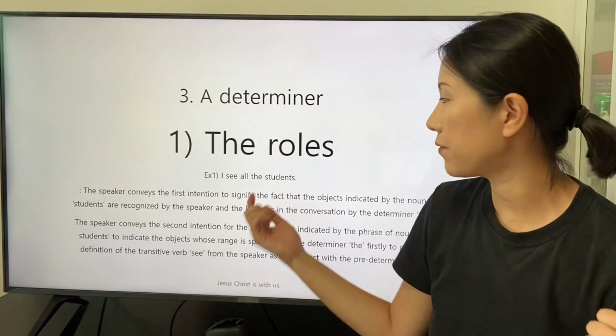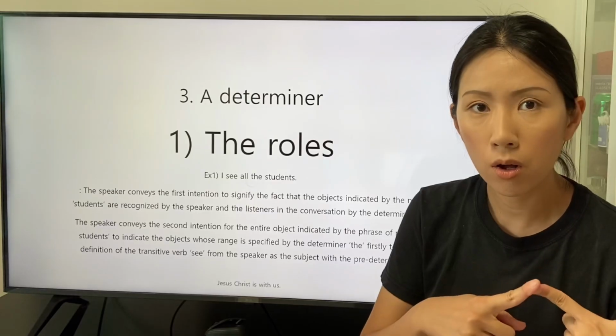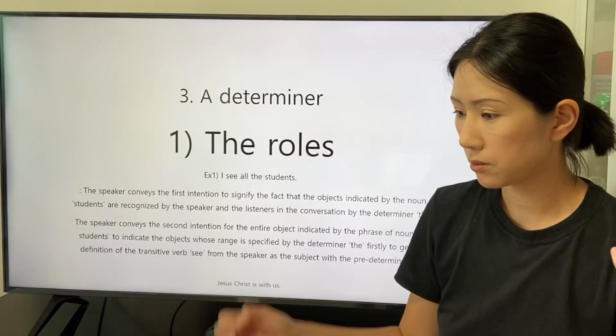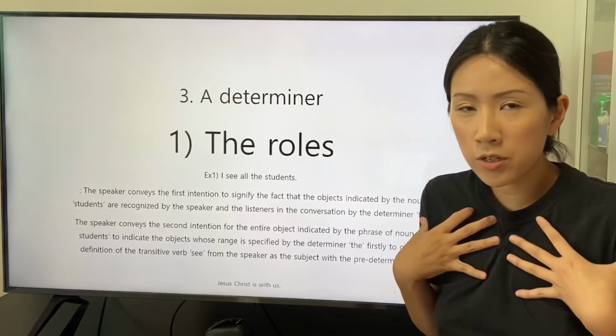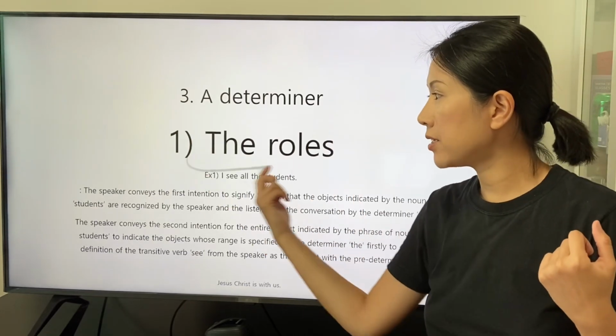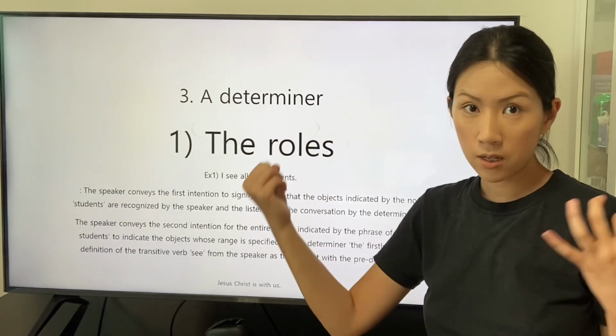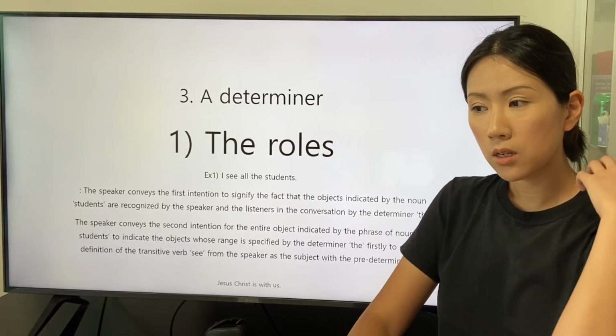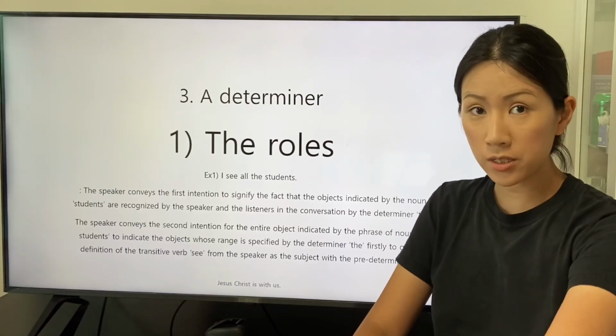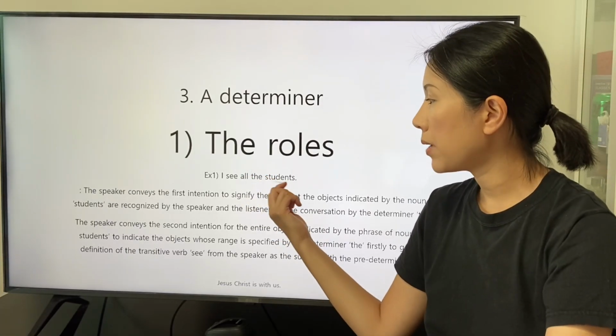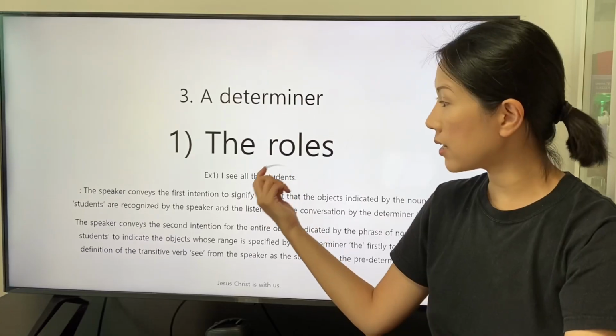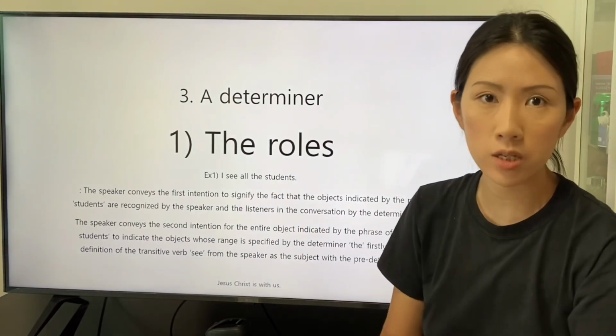From the application of the determiner the, we can understand that there is a prior context that the speaker tells the listeners about the object indicated by the general noun student.